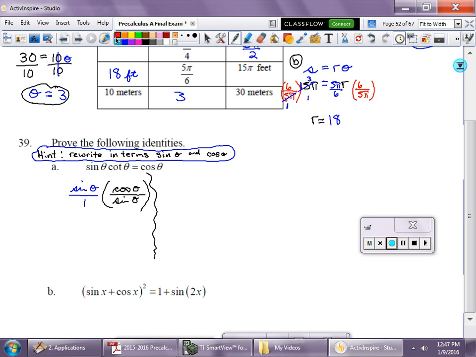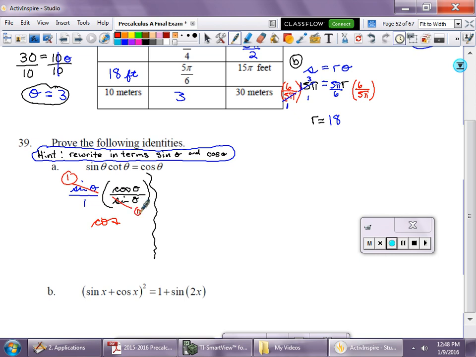And then as we work for the next step, you multiply across. So you could see, hey, opposite of multiplication is division. A number divided by itself is 1. So you're going to be left with 1 on the top. And that means if we multiply, I'm going to circle that, because we're going to multiply 1 times cosine, which is cosine. And on the bottom is going to be a 1.